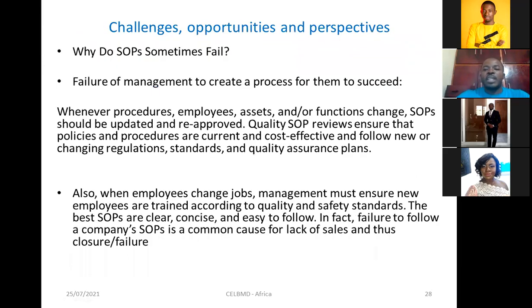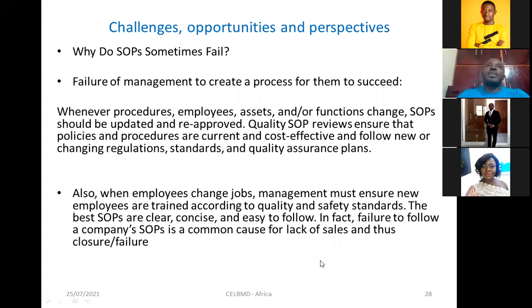The challenges, opportunities, and perspectives for SOPs. It's so sweet imagining that your business may benefit from service and product quality improvement if SOPs are adopted.